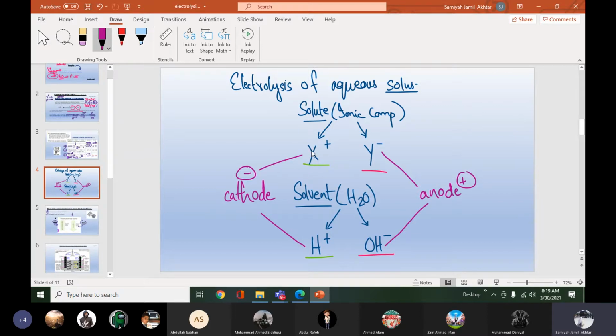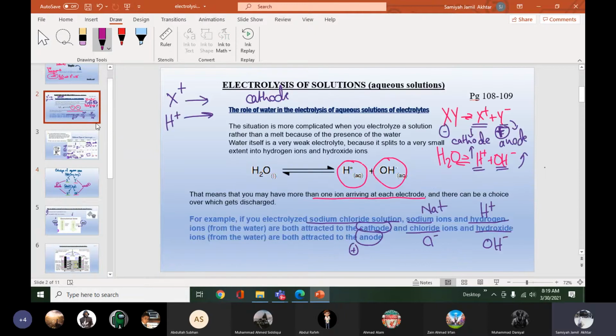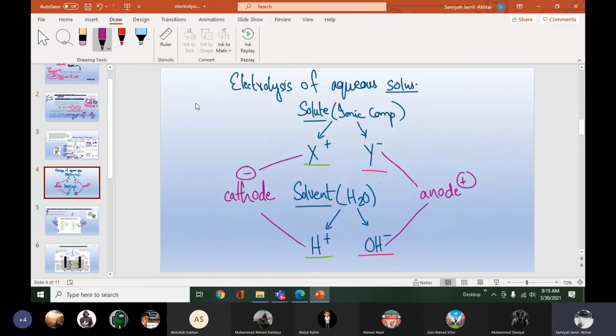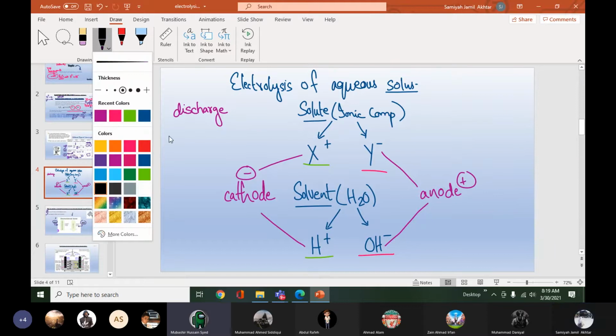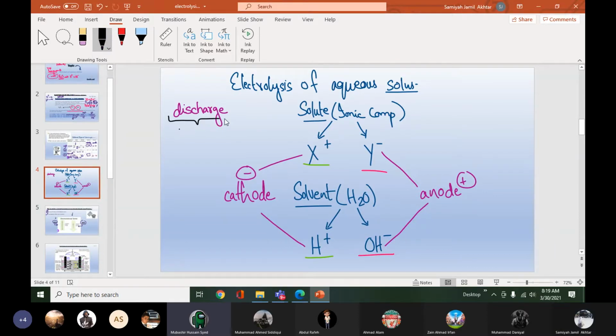Now I will tell you how we will identify which one will actually discharge. I'm saying discharge. What does the word discharge mean? Like if hydrogen gas is produced, it is discharged, removed.